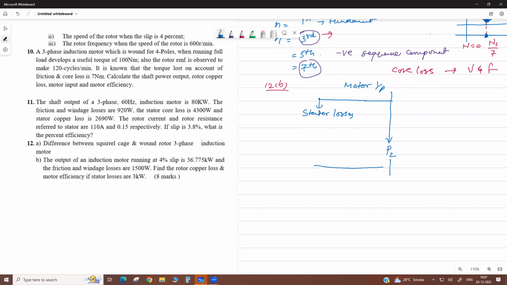Then we have a rotor copper loss. I am writing it in short as PCR; PCR is your rotor copper loss. Then this is your mechanical power developed. Then you have a friction and windage loss. And this is your motor output. Okay.